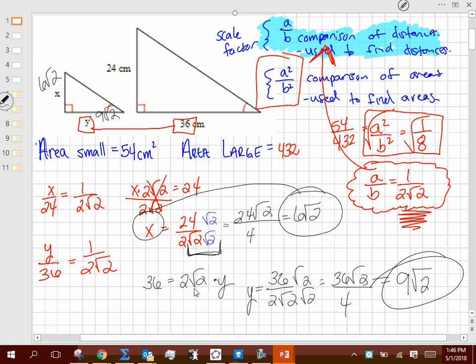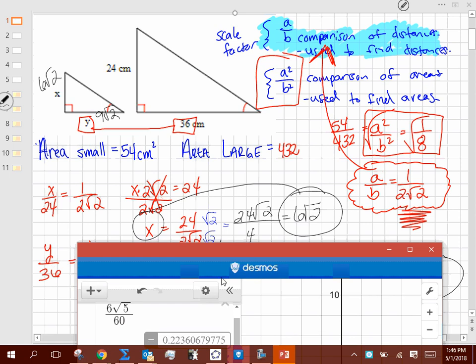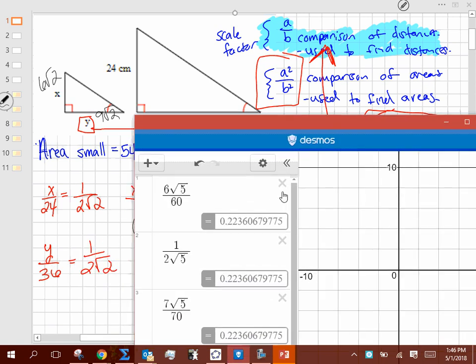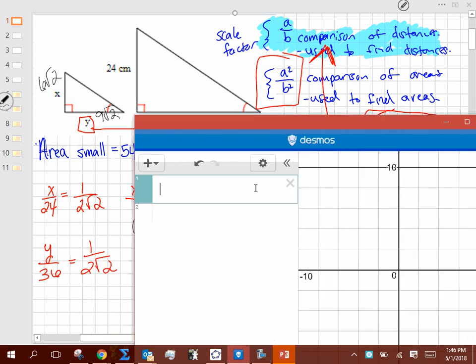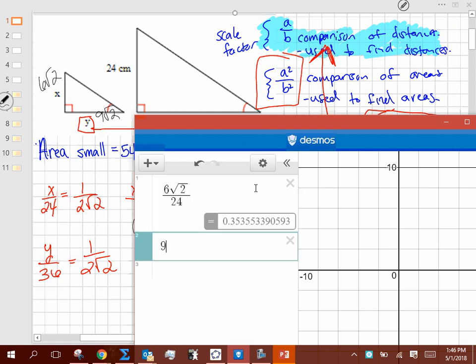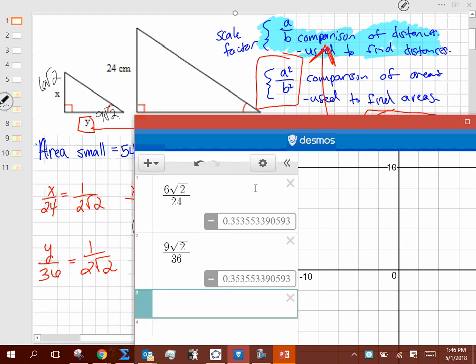Now, you should be able to check yourselves every time you do one of these because of what we understand about scale factors. If I take 6 square root of 2 and compare that to 24, I get that number there. If I take 9 square root of 2, compare that to 36, I get that number there.